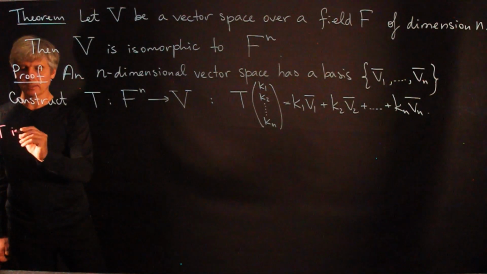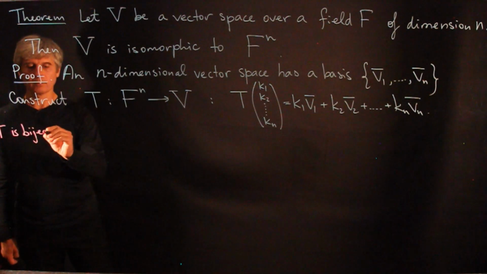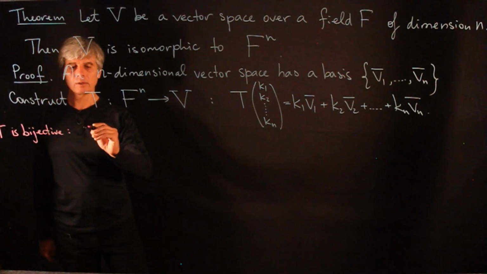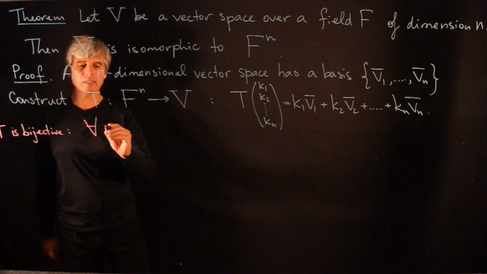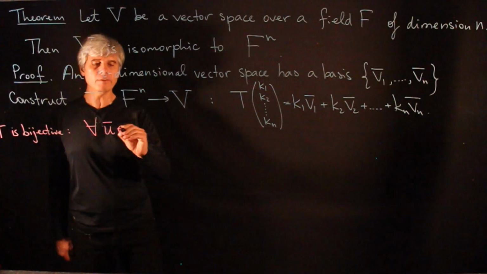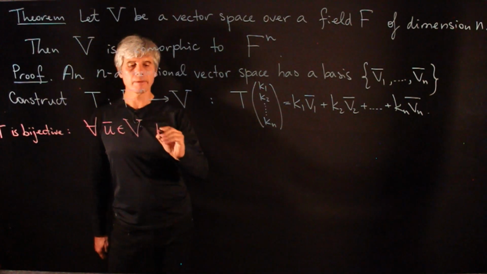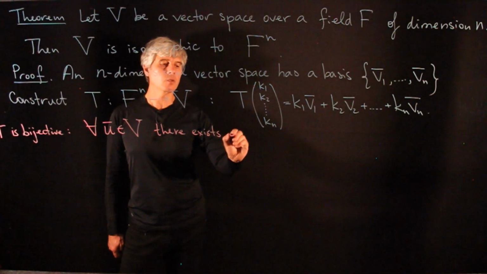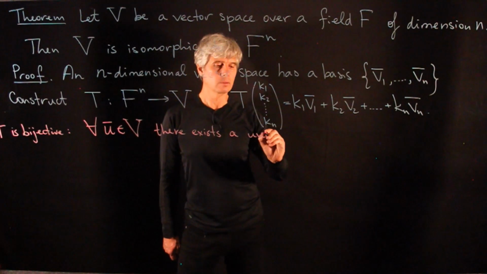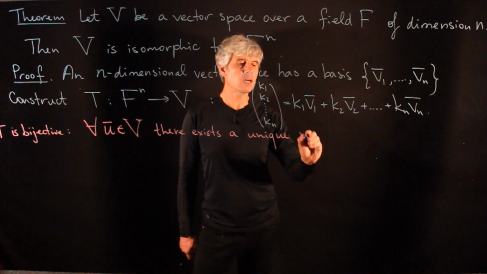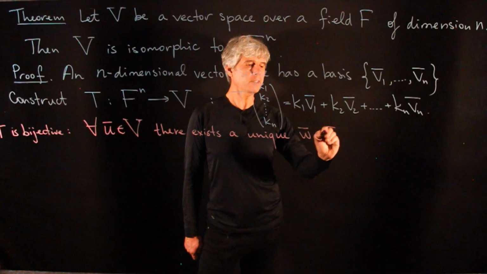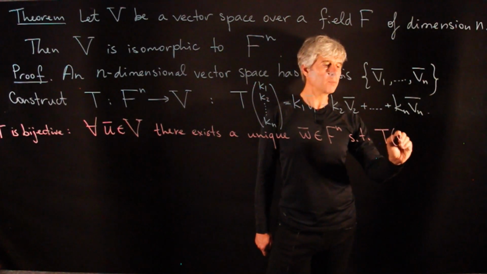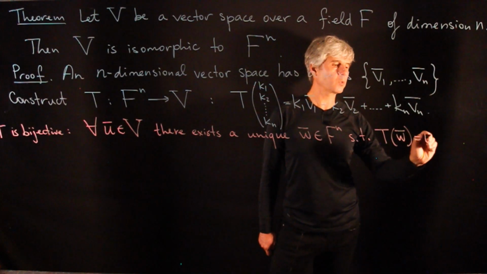First of all, we need to show that T is bijective. What does it mean? T is bijective means that for every vector u in V, there exists a unique vector w in Fn such that T of w is equal to u.